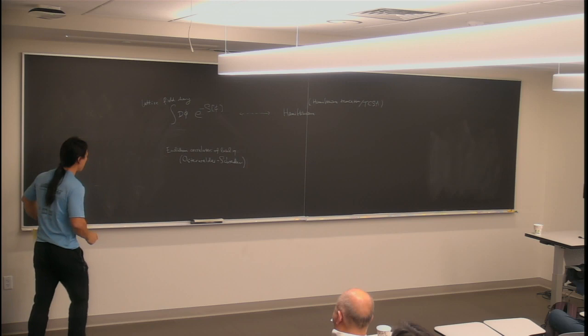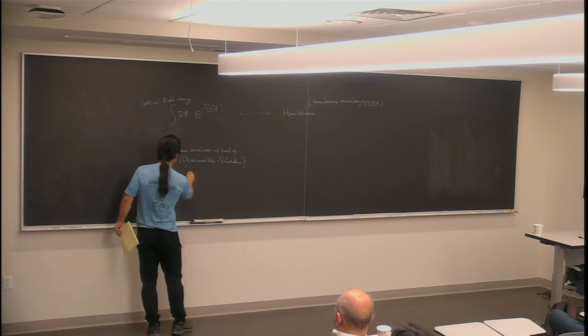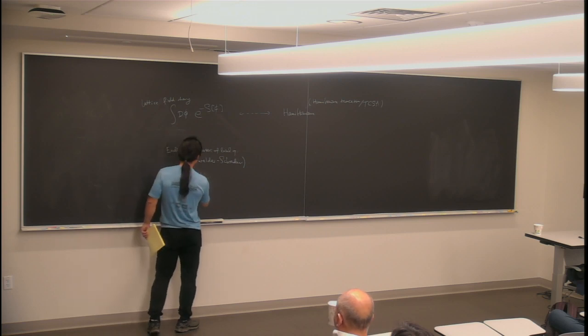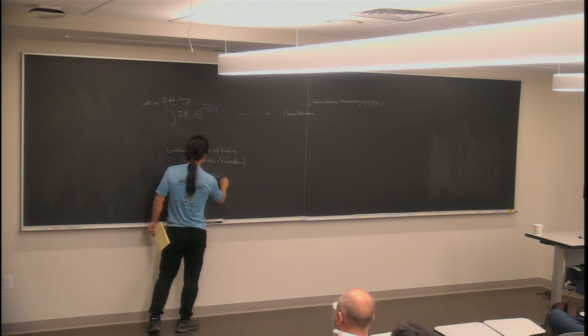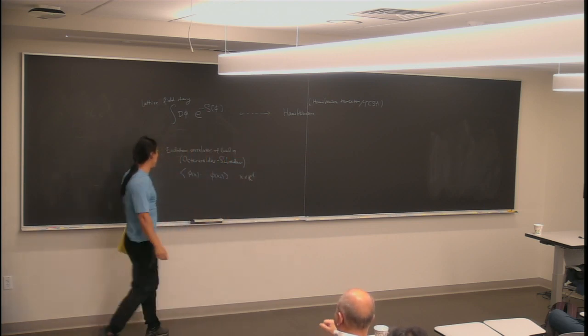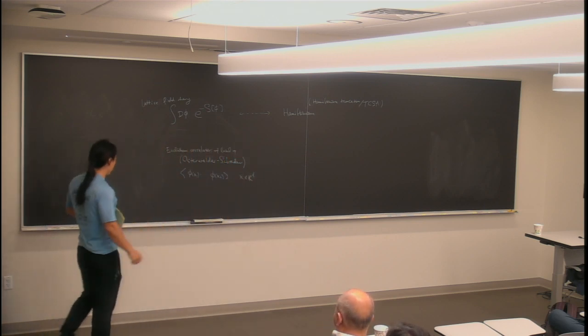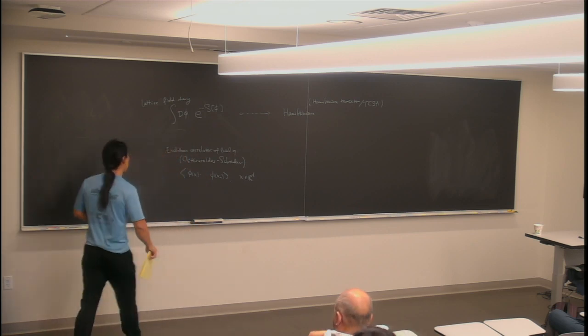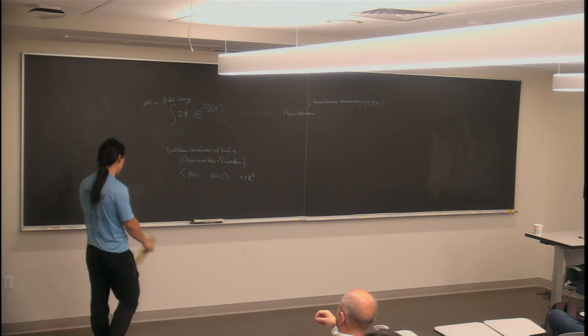In this approach, one considers some local field operator dependent on a space-time coordinate, and considers Euclidean correlation functions like so, where these x_i are parameterized by Euclidean space-time coordinates, and these correlation functions are supposed to satisfy a certain set of properties.